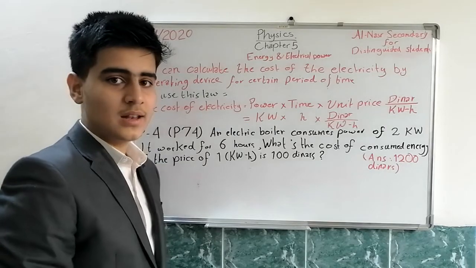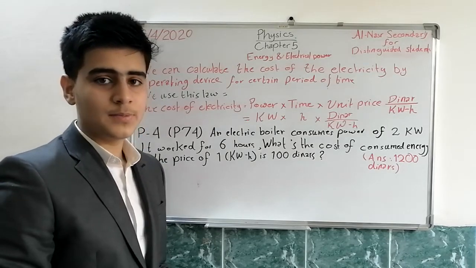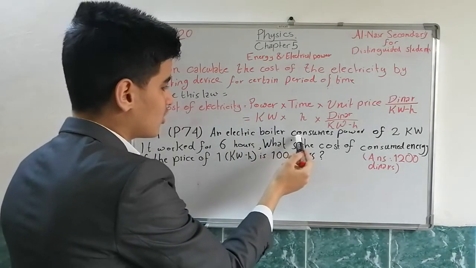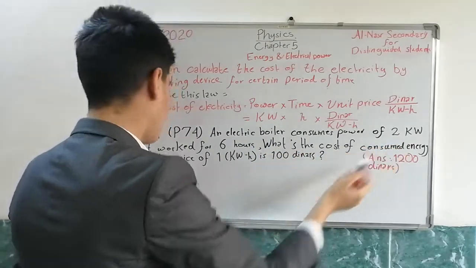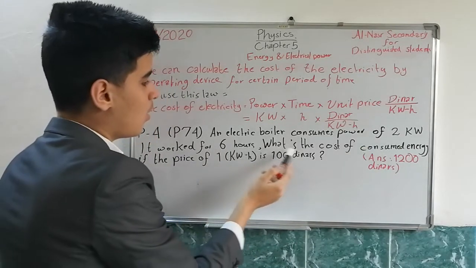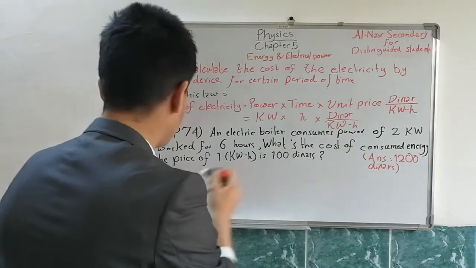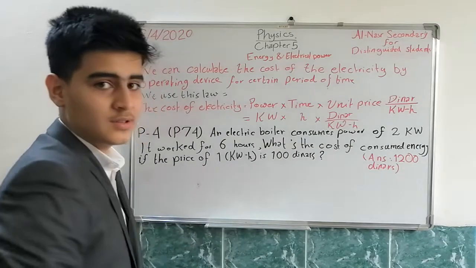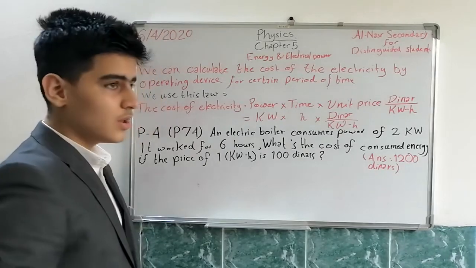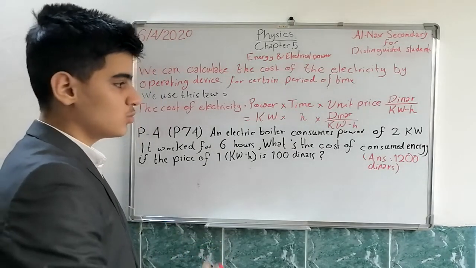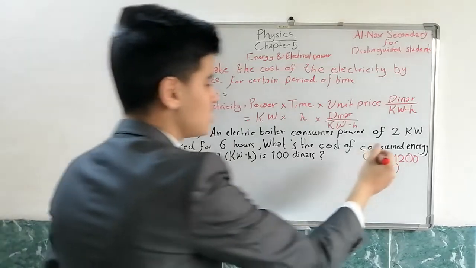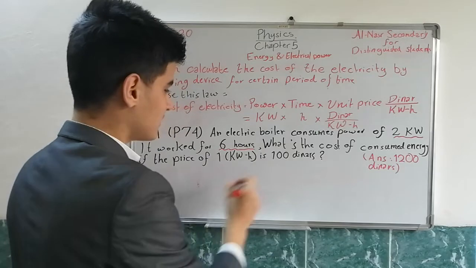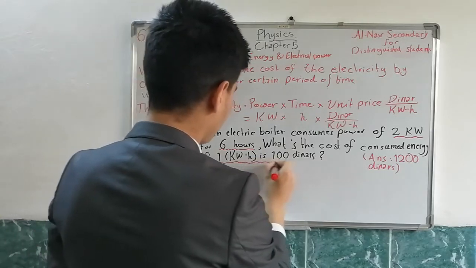Now we got a problem from the chapter questions on page 74. An electrical boiler consumes power of 2 kilowatts. It worked for 6 hours. What's the cost of consumed energy if the price of 1 kilowatt per hour is 100 dinars? Before the solution, we must write down the information: 2 kilowatt, 6 hours, and cost of electricity.